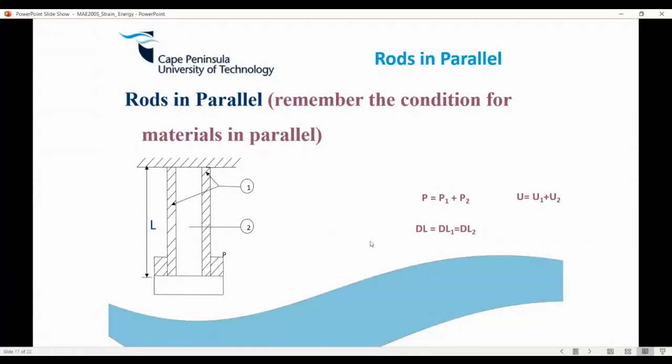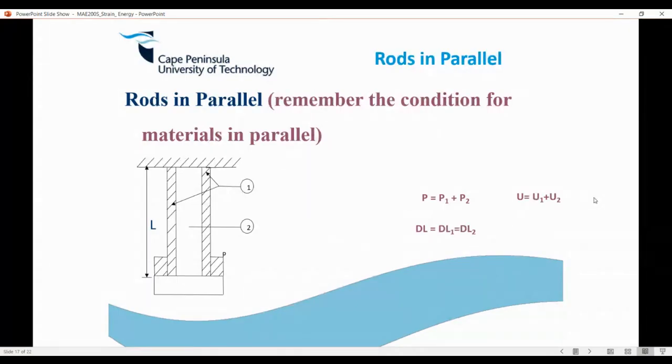Your forces are carried by both members, and your change in length is equal, as per normal. Your strain energy would be the sum of the two: the strain energy in the one plus the strain energy in the other gives you the total strain energy.